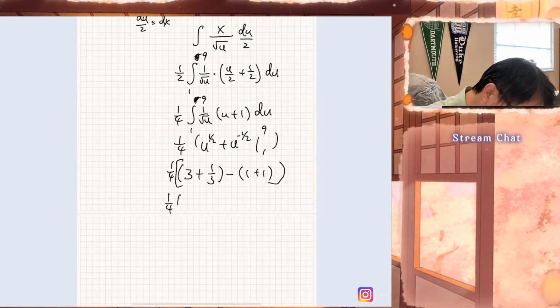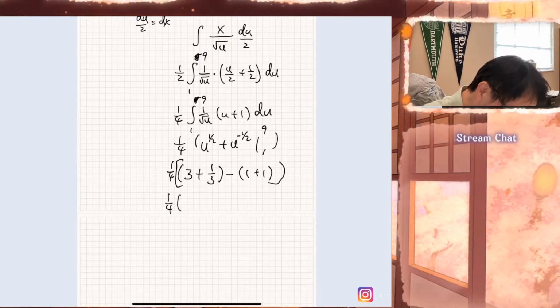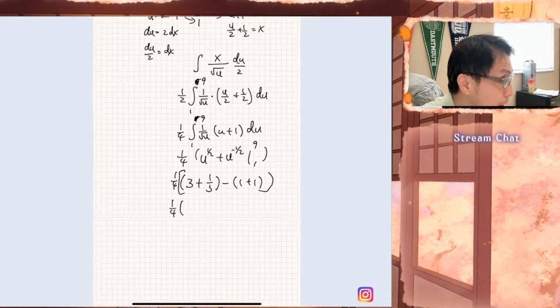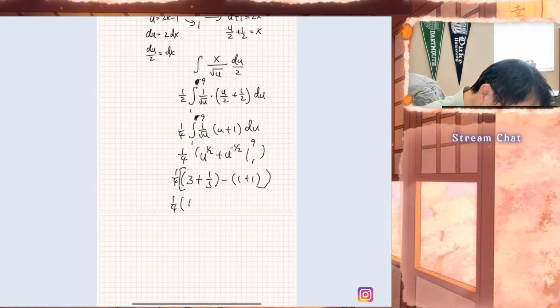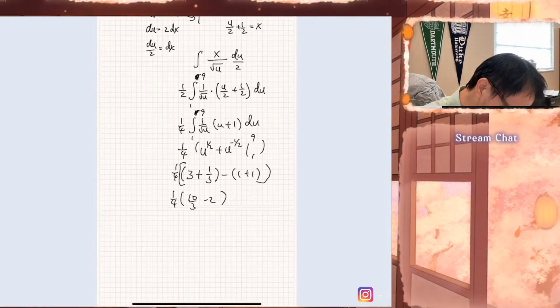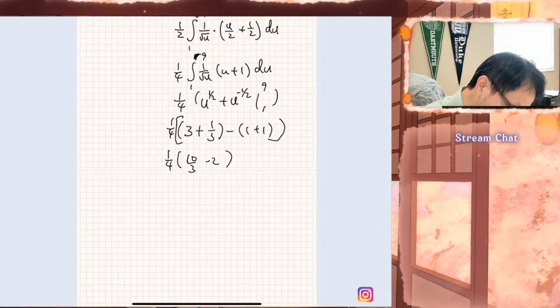So it'll be 1/4. This one is going to be 10/3 minus 2.